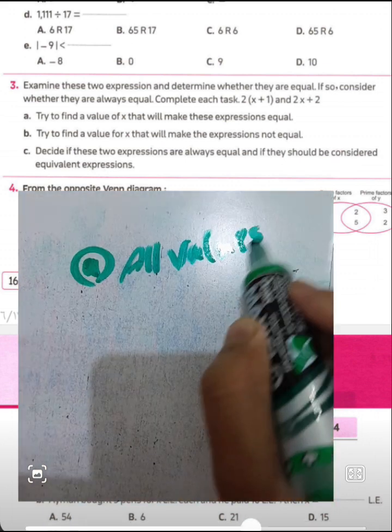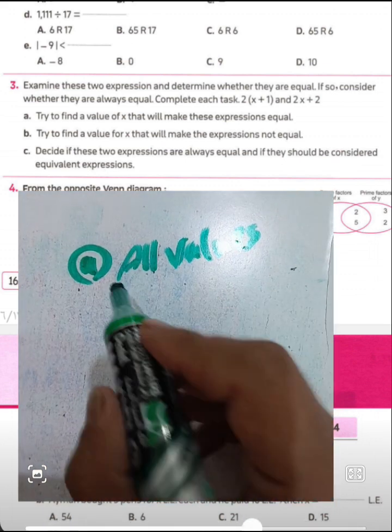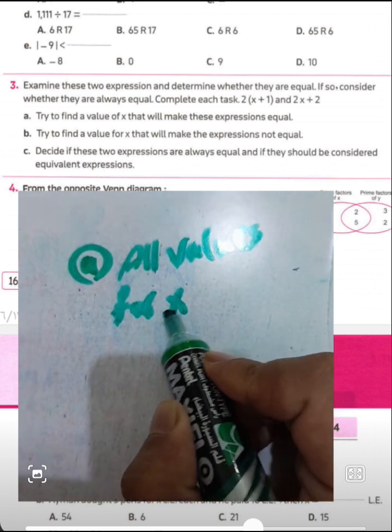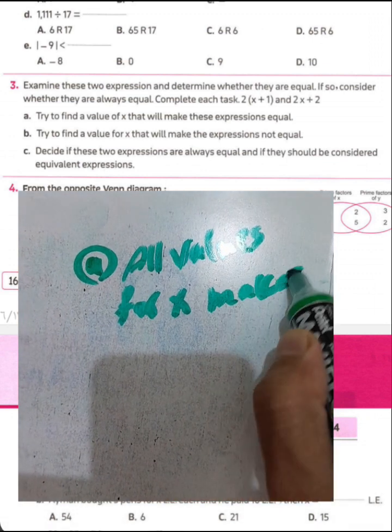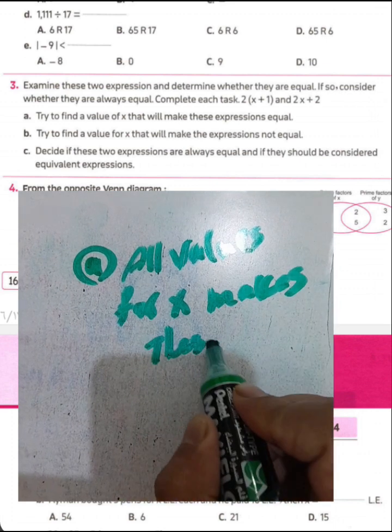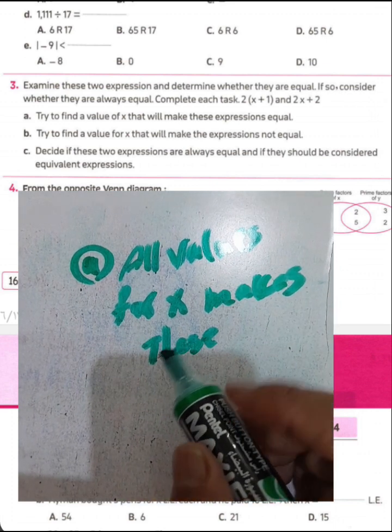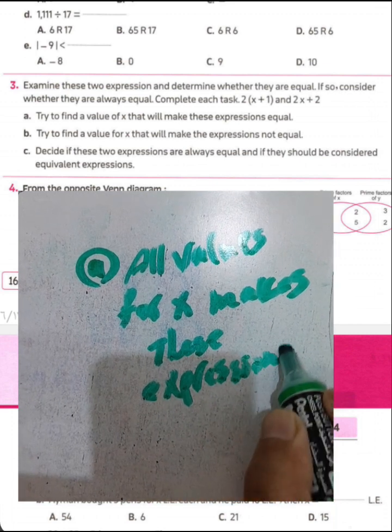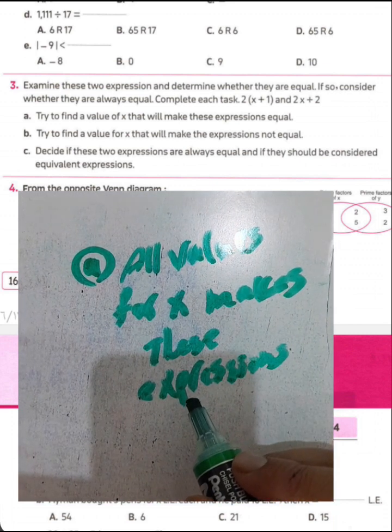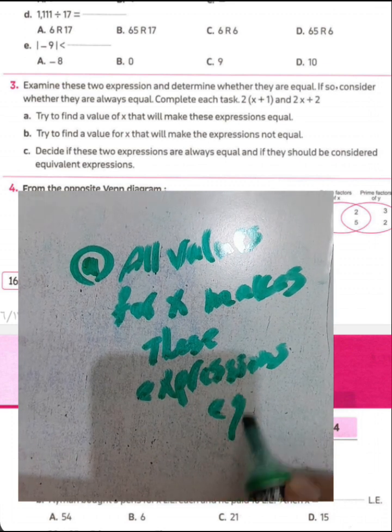Look at all values for x that will make this expression equal. Okay, all values for x make these expressions equal.